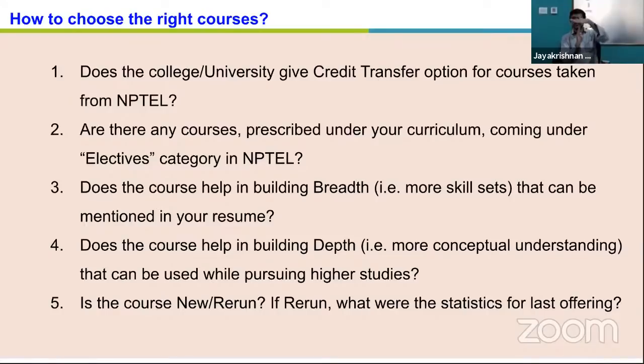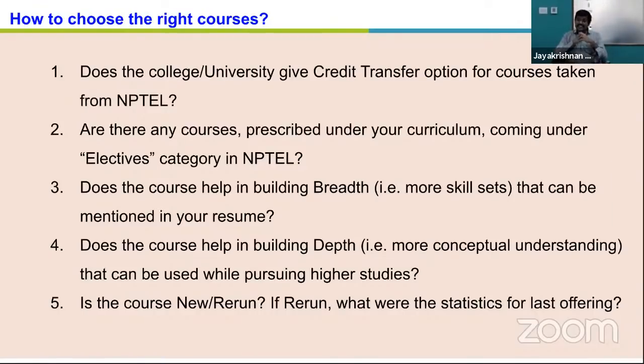By the T, the top half, which is the breadth, exposes you to multiple disciplines, multiple domains. So if you are an electrical engineer, look for courses from other disciplines, other departments. This will sensitize you to those departments. Look at the intro level courses at least.